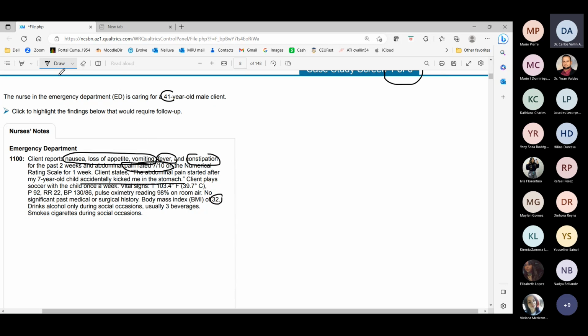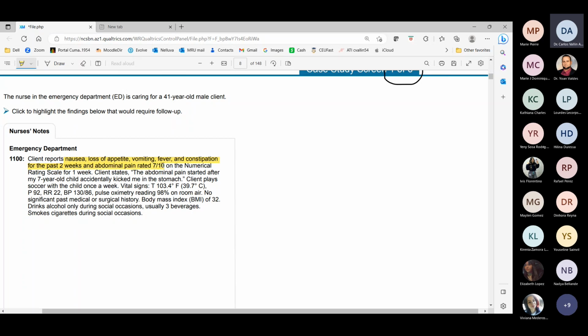So they say, let me erase what I wrote. They said in this first, because it is the first of 6 questions, they want us to highlight the findings that will require follow-up. So we need to have a follow-up of the abdominal symptoms, or the fever and the constipation. We can do that together.